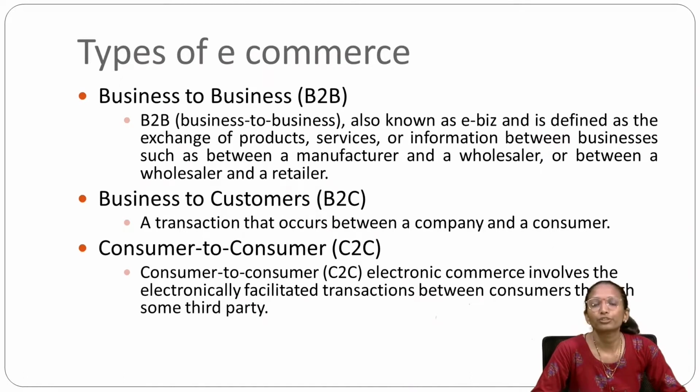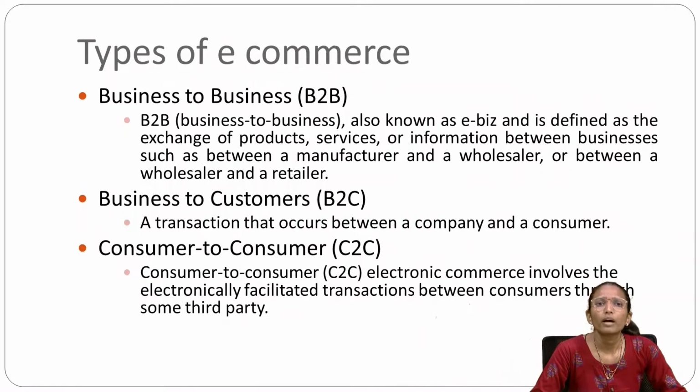Now business to consumer. Business to consumer is a transaction that occurs between a company and a consumer. The term may also describe a company that provides goods or services for consumers, for example Amazon, Google, Facebook, etc. And consumer to consumer.